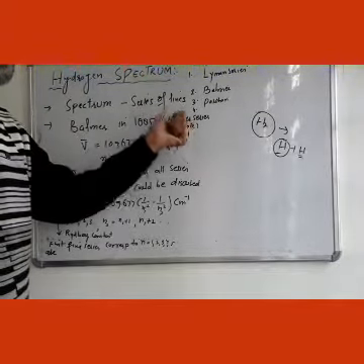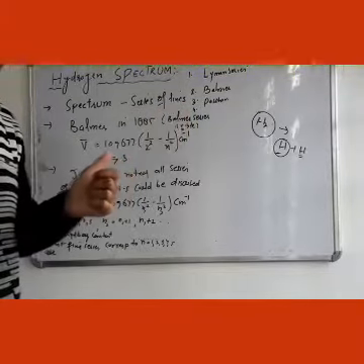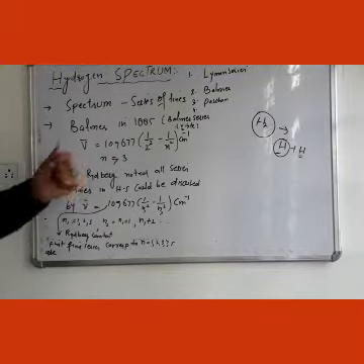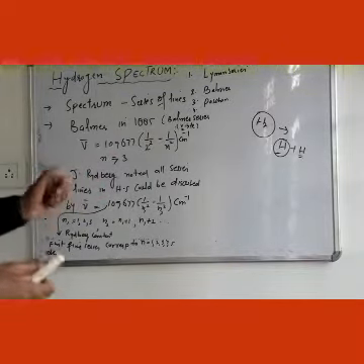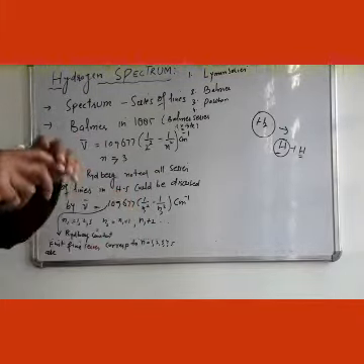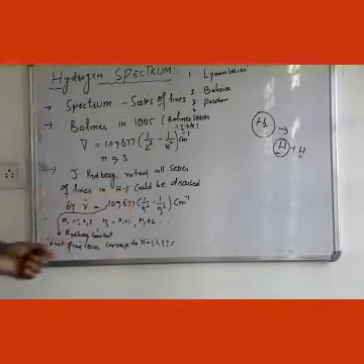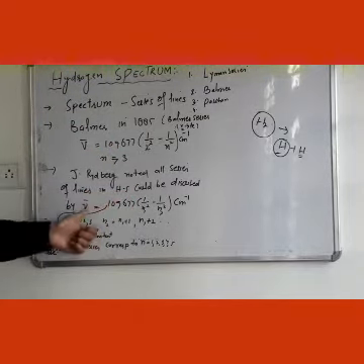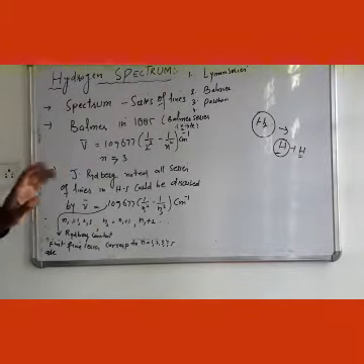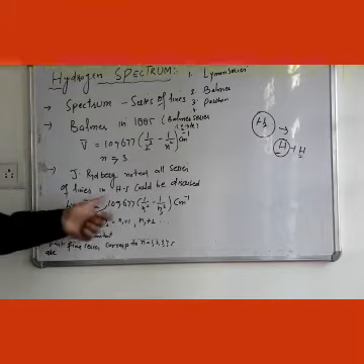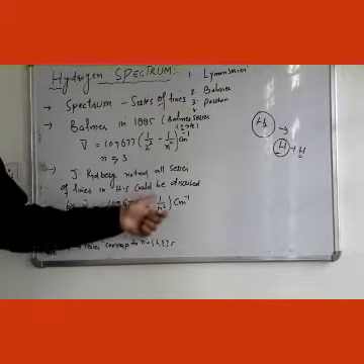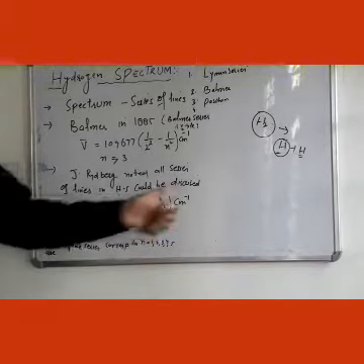All these separate lines fall in the visible region. After that, J. Rydberg came and noted that all series of lines in the hydrogen spectrum, including the lines in the Balmer series, can be described by this formula: wave number is equal to 109677 into 1 upon n1 square minus 1 upon n2 square, in centimeter inverse.